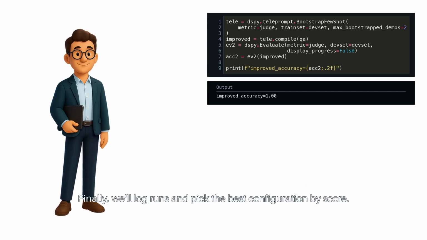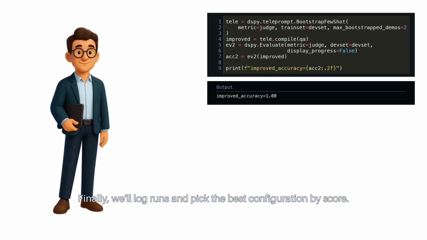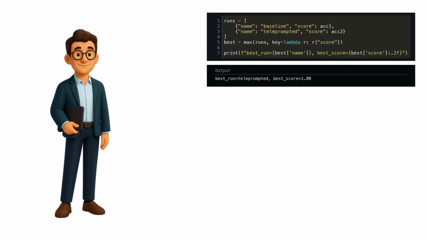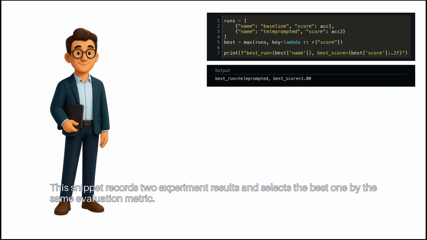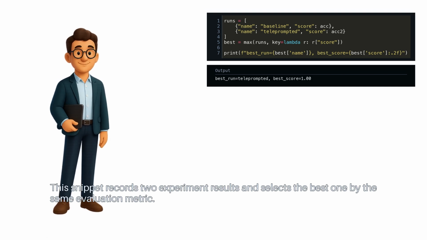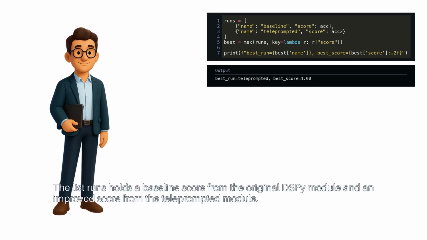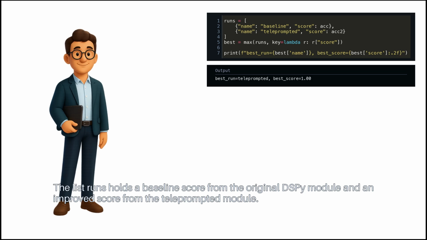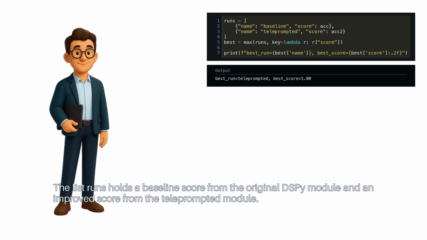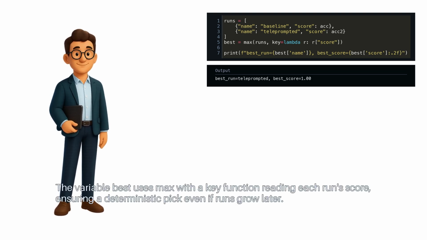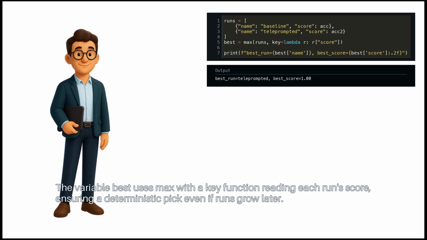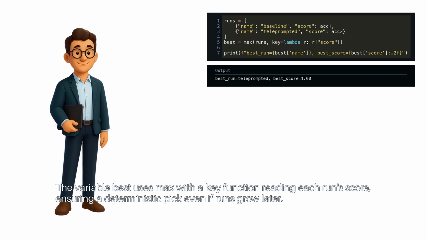Finally, we'll log runs and pick the best configuration by score. This snippet records 2 experiment results and selects the best one by the same evaluation metric. The list runs holds a baseline score from the original DSPy module and an improved score from the teleprompted module. The variable best uses max with a key function reading each run score, ensuring a deterministic pick even if runs grow later.